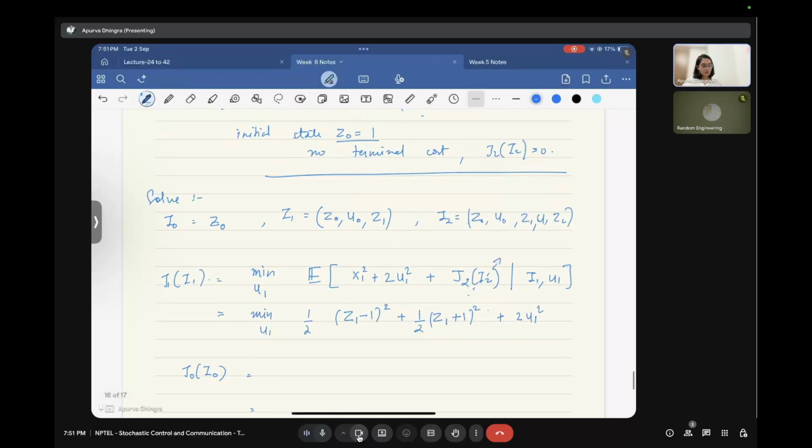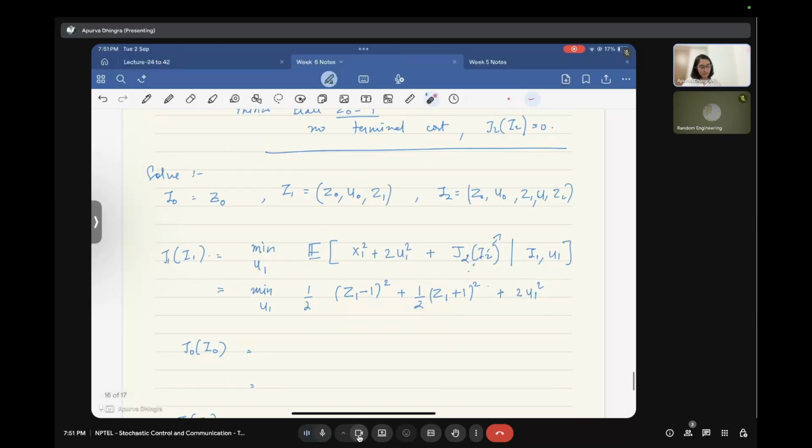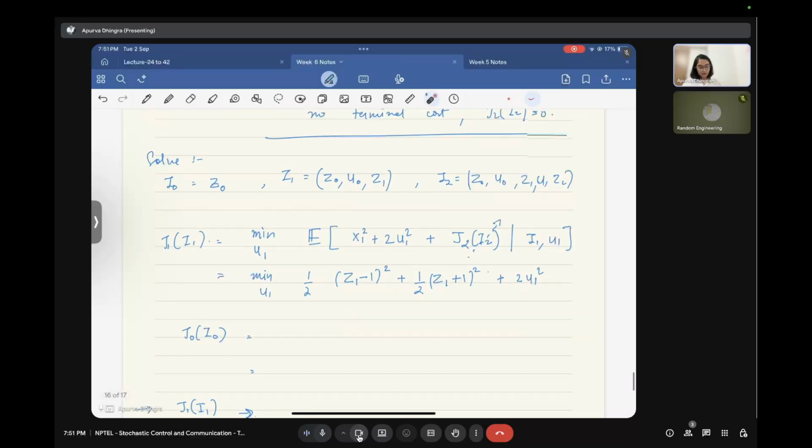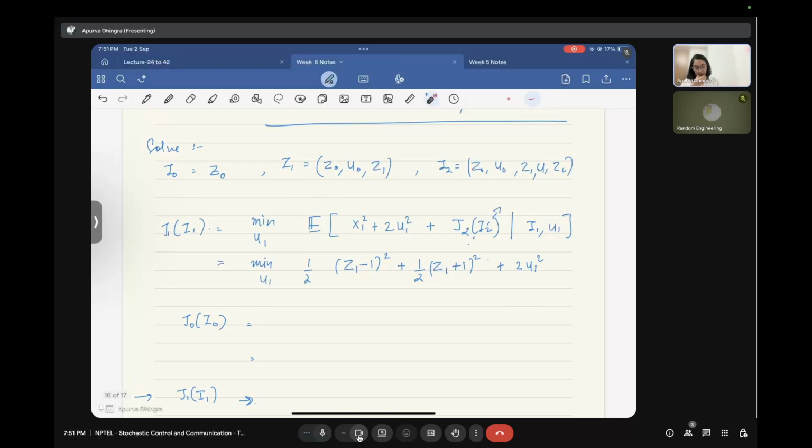Okay, so now this is what needs to be optimized, but we don't really know what are the possible values of z1 and so on. So let's hold on, as in how do we calculate this for different u's and all of that. Let's come back to this again.